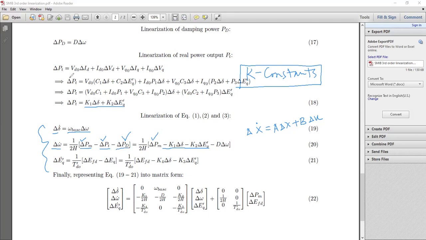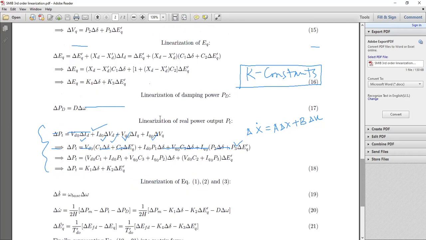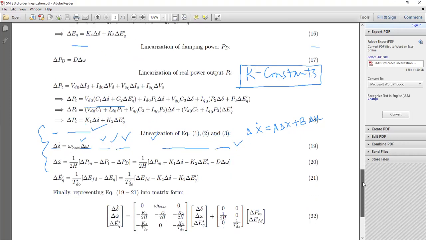And del PD is D del omega in equation 17 over here. So you see D del omega with the minus here. So that is done. First one is done. Third one, 1 upon TDO prime del EFD minus del EQ. What is del EQ? Del EQ already represented in terms of K4 del delta plus K3 del EQ prime.